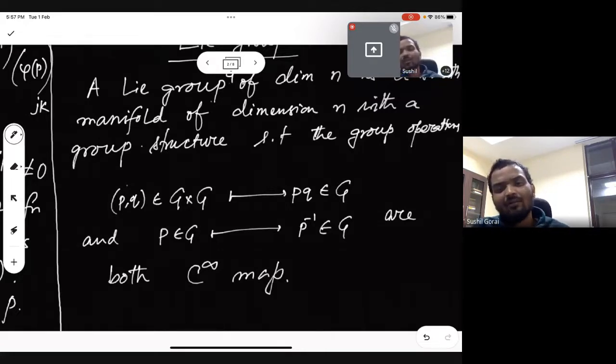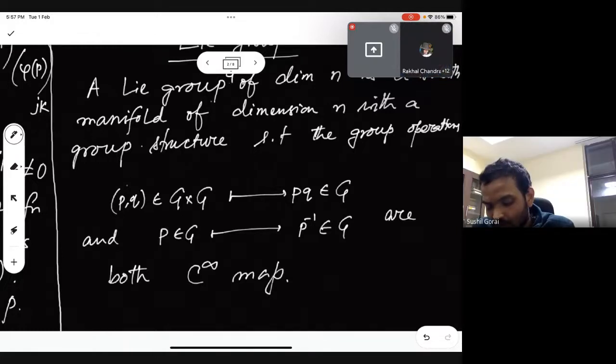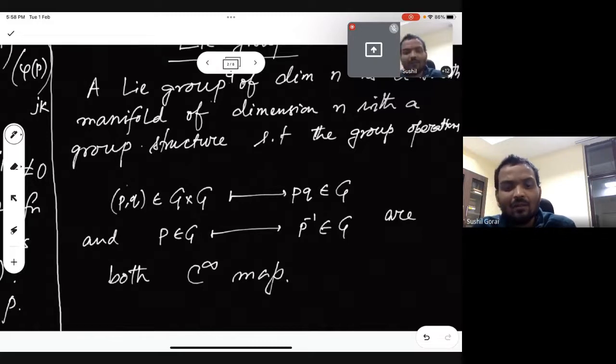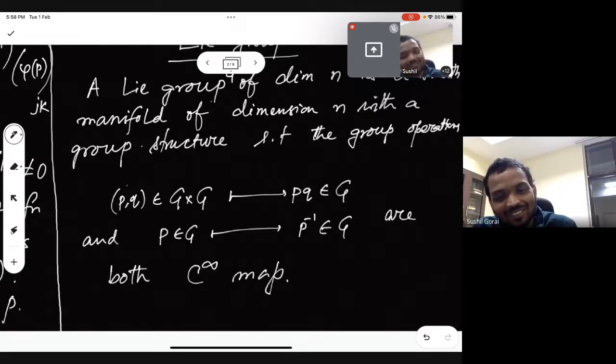You might have heard about topological groups, right? Have you heard about topological groups? Yes, sir. So what property do you have in a topological group? These maps are continuous.